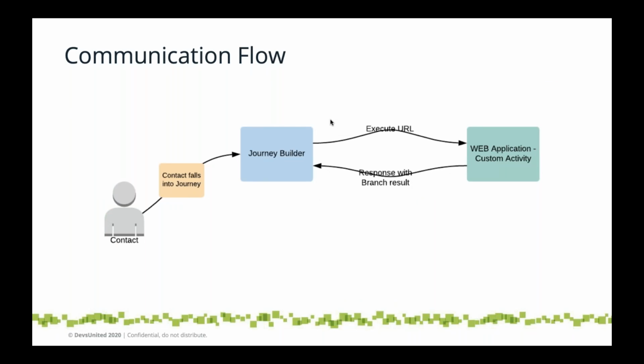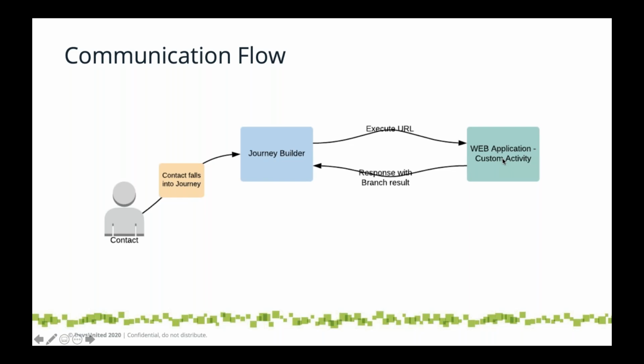Good. So regarding the communication flow, as I mentioned, every time a contact falls into a journey, Journey Builder will process the contact information and will do a post to your web application custom activity.